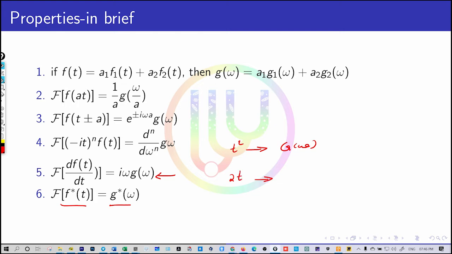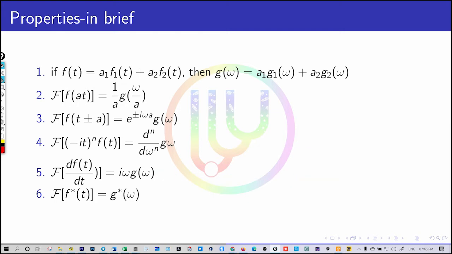Yeah, right away you can write it as I omega g of omega. Why? Because 2t is nothing but d by dt of t square. Okay, so d by dt of t square and Fourier transform എന്താണ്? It is the I omega times transform of this. So this is the Fourier transform.